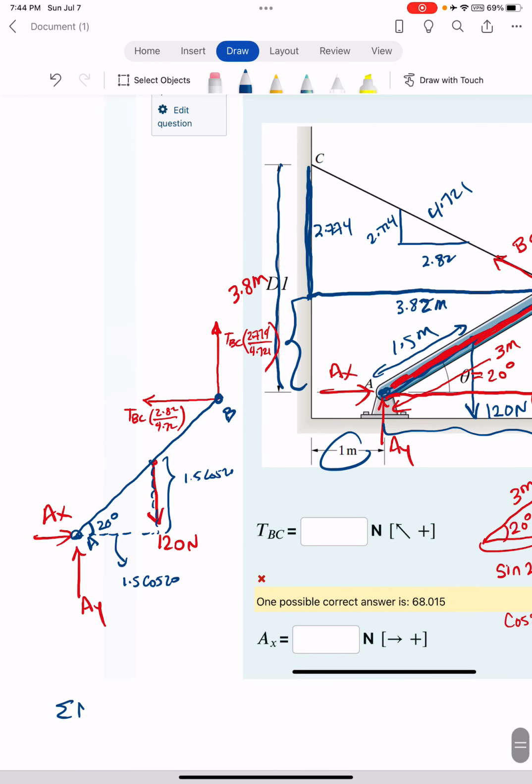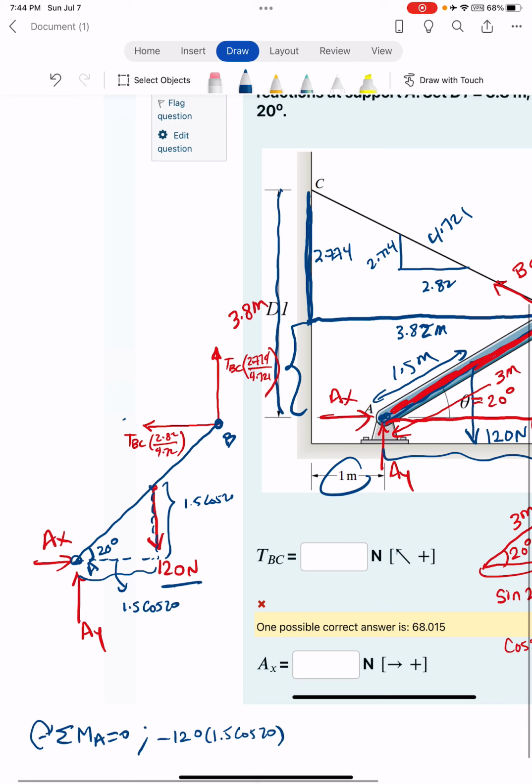Summation of moment at A equal to 0. And I'm assuming clockwise is negative. So this force will create a negative moment, 120, of course, times the perpendicular distance, which is 1.5 cosine 20.